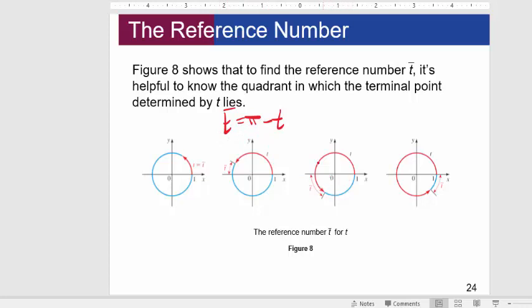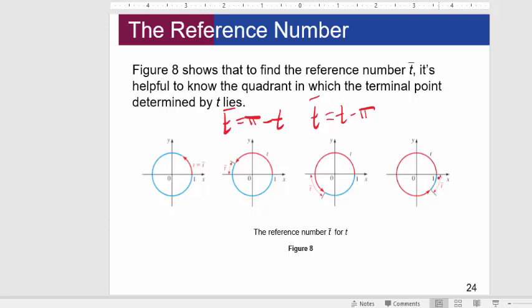And then when we're in the third quadrant, there's your T all the way around there. T bar is that angle that goes from the terminal point up to the x-axis. So in this case, our T bar was really T minus pi. And then in the fourth quadrant, there's our T. So our T bar is this little angle that's remaining to get from the terminal point up to the x-axis.